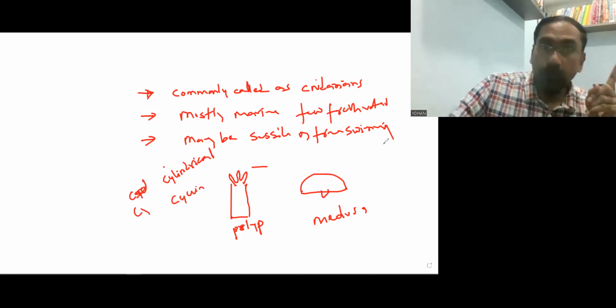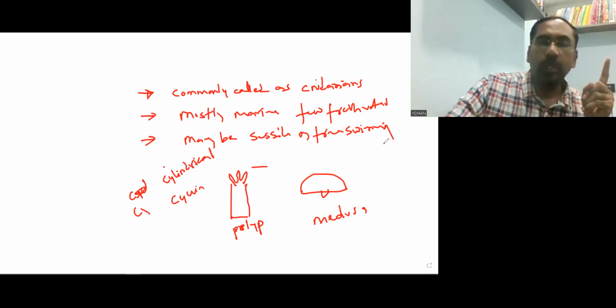Now, very, very important, polyp is the sessile form, whereas medusa is the free swimming form.